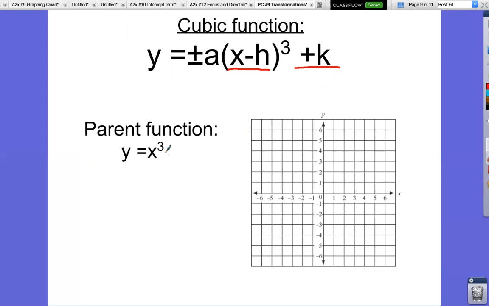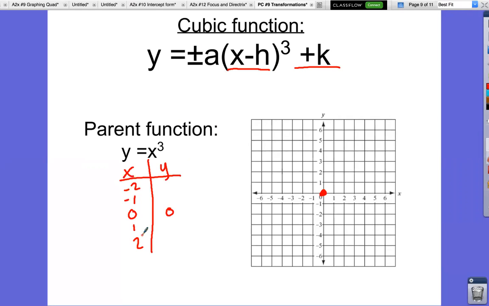So for your parent function, I'm not adding or subtracting anything, so my vertex is at 0, 0. Now, make a table. 0, 0 is going to be in the middle. Let's pick things like -1, -2, 1, 2.